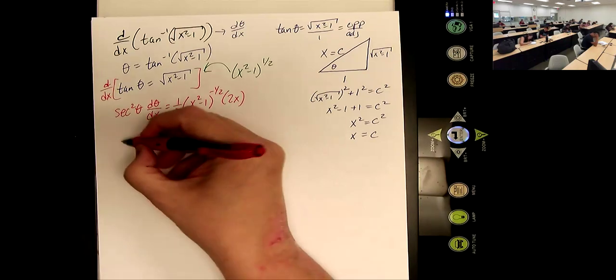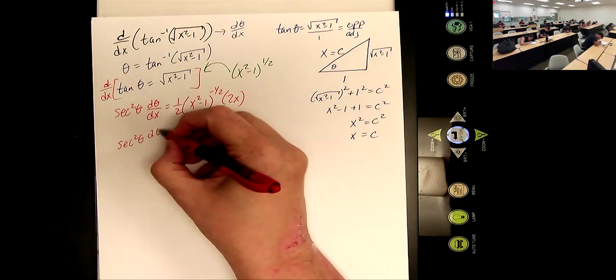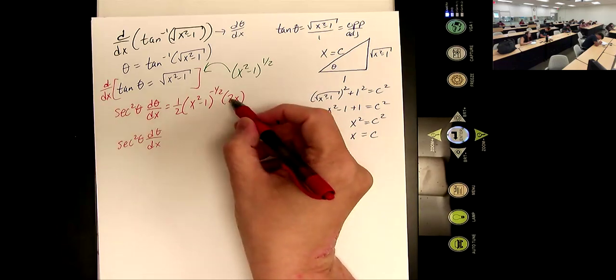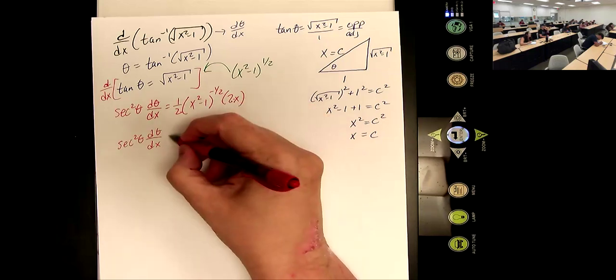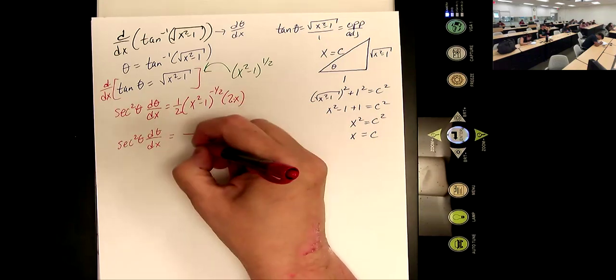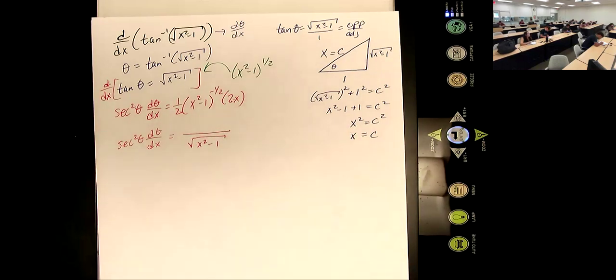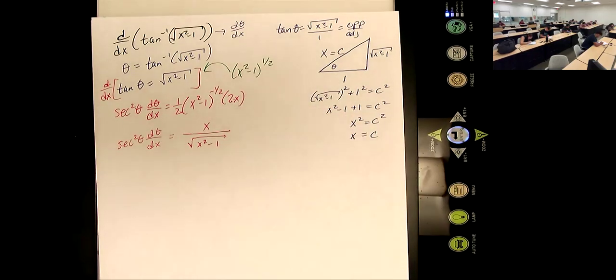If I clean that up before moving over secant squared theta, the two in the denominator and the two from the 2x are gonna cancel. If I move that x squared minus one to the bottom, with the 1/2 power it becomes a square root down there, and we have an x there.